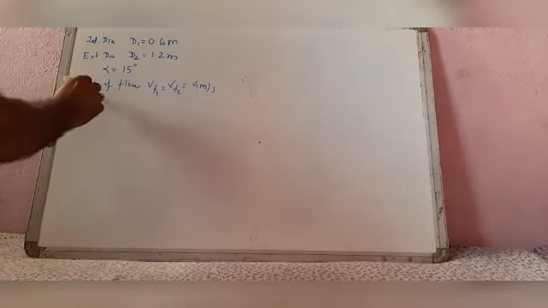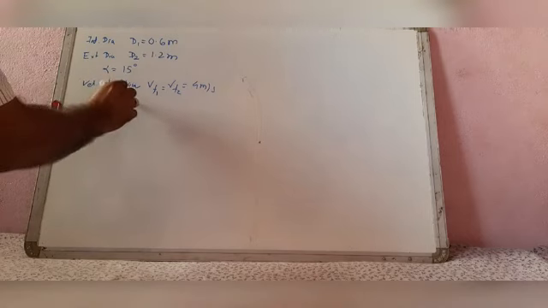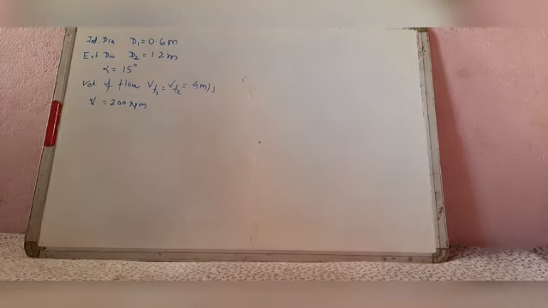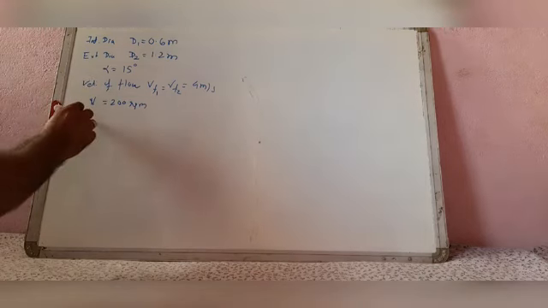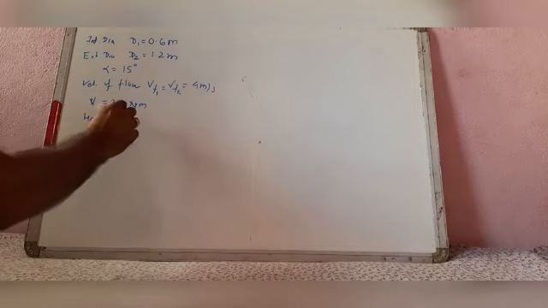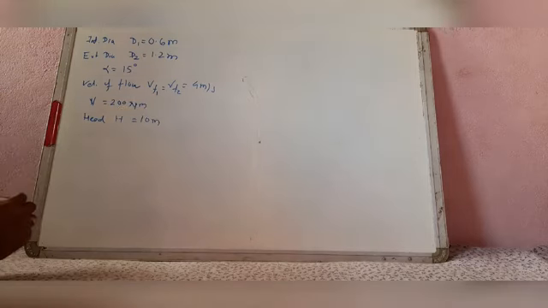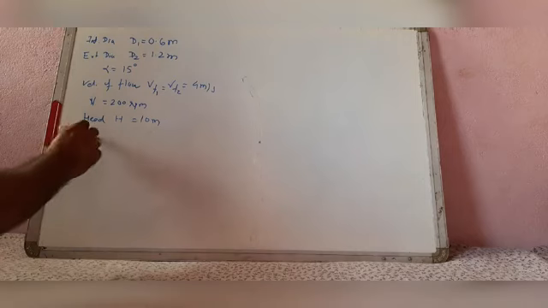Speed N is given 200 rpm. Head H is given 10 meter. Discharge at outlet is radial.